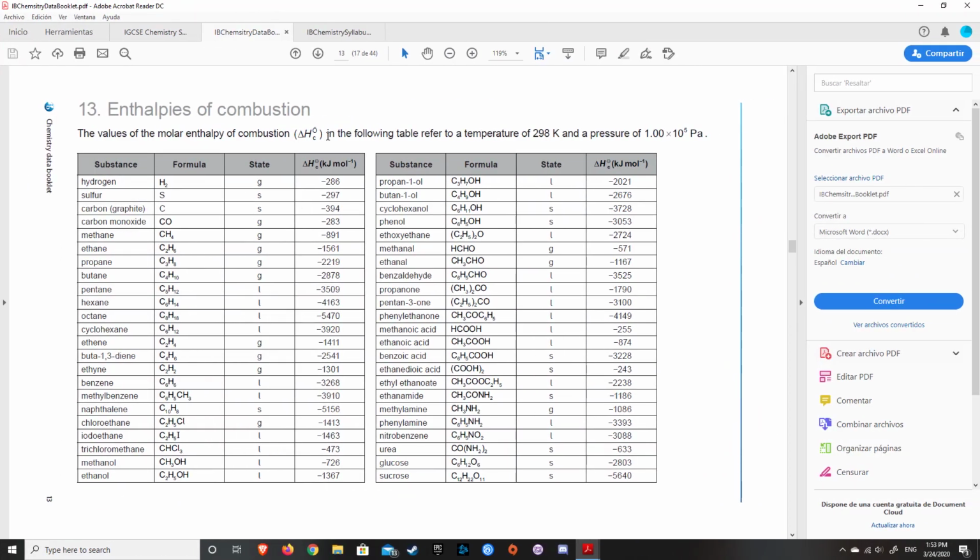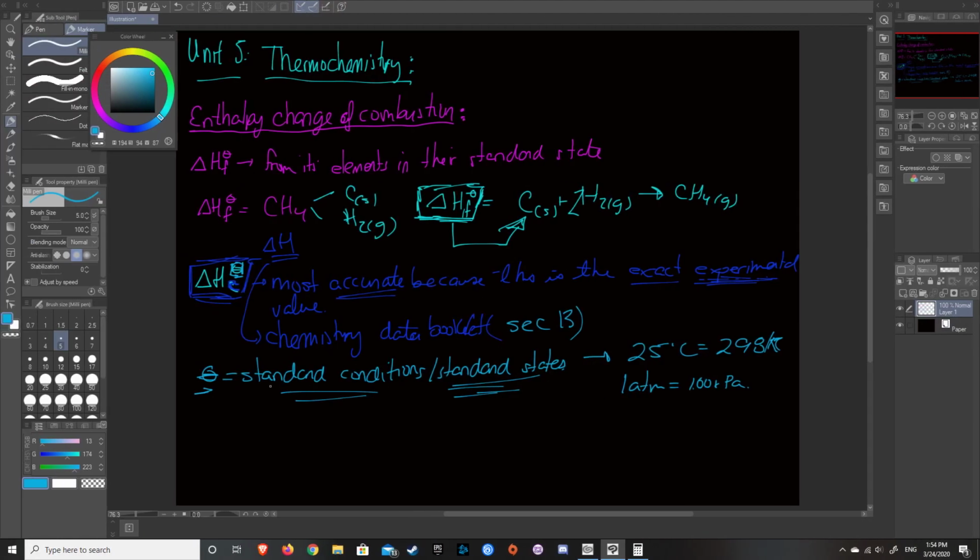So what these values give you is all in standard state. They reacted it in the calorimeter at 298 Kelvin at exactly 1 atmosphere of pressure, 100 kilopascals, and they solved what the energy change of the combustion was. And here are the exact experimental energy changes of combustion when we react different things in a calorimeter: when we burn graphite, when we burn carbon monoxide, we burn pentane, when we burn all of them in a calorimeter.